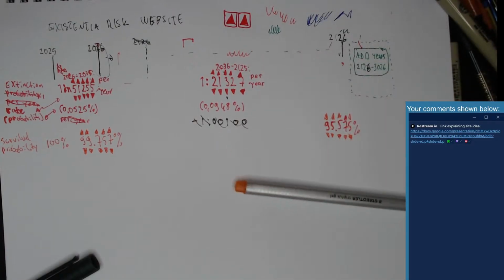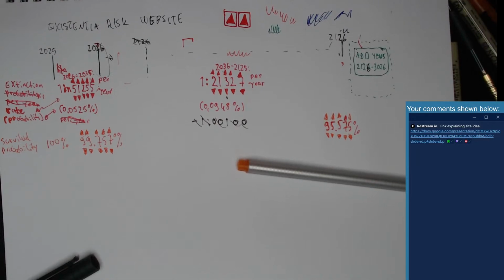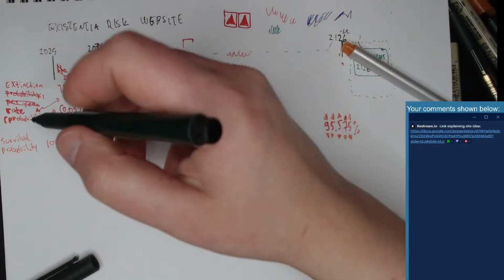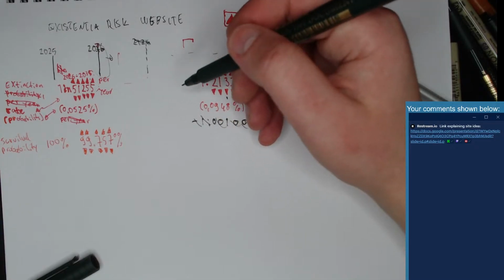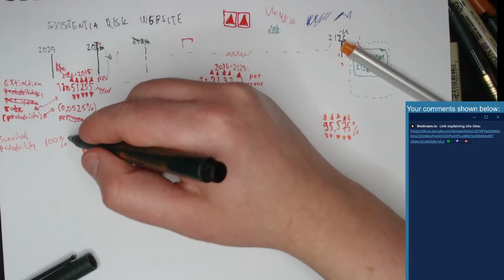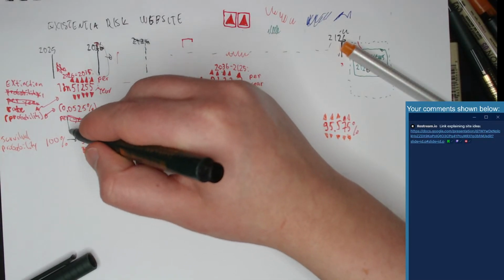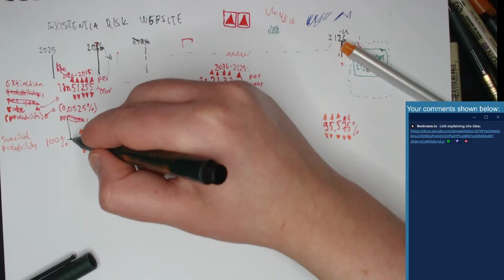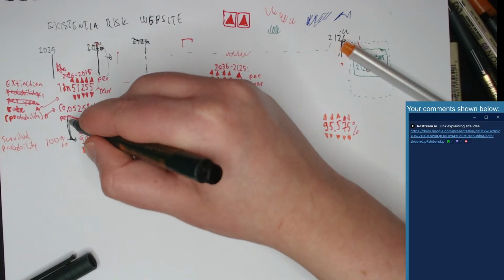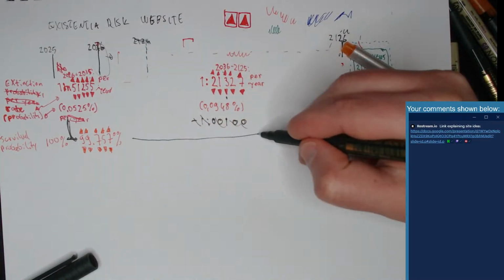So I could have the arrows here on the left as well, but I could also have something like this. So this going here.